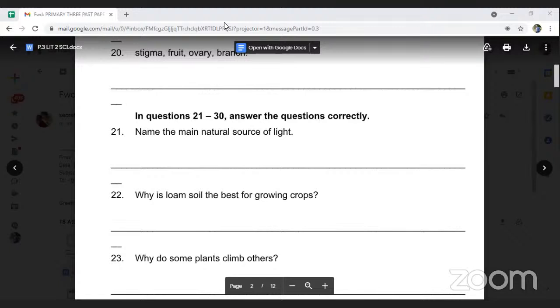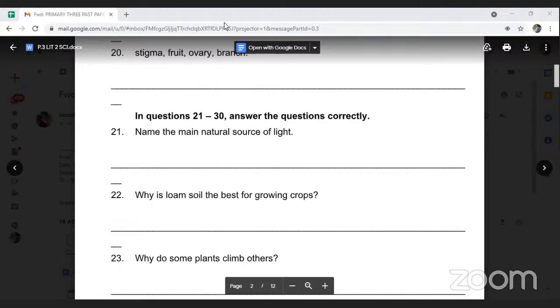So the answer is to get enough sunlight, or you can say to get support. Those are the two reasons why plants with weak stems climb other plants. And there are three ways how they climb: by using tendrils, using hooks, and by clasping.